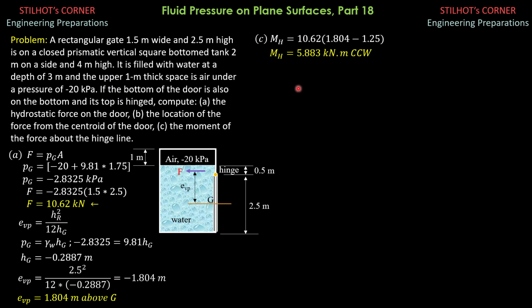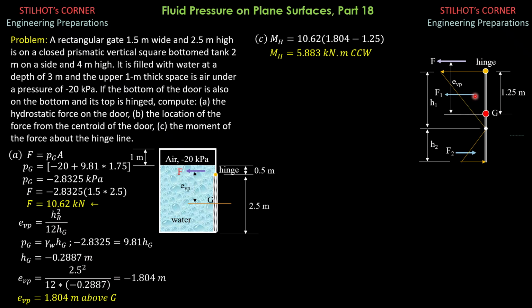We use statics here so that you can master the principles and you don't need to memorize formulas because you have mastered the principle. So this solution is the solution of the expert, supposedly. So we have here the pressure diagram. The pressure at the hinge level is expected to be negative because this is negative 20.